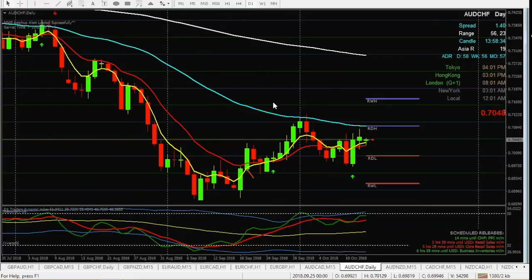Now again, a lot of times when you see this cross happening, please make sure you write this down. A lot of times this is a counter trend trade. Okay, I repeat, this is a counter trend trade. This is going to be a lot of times against the trend. Sometimes it is with the trend, all right? But when you catch this, it's a very, very powerful indication.